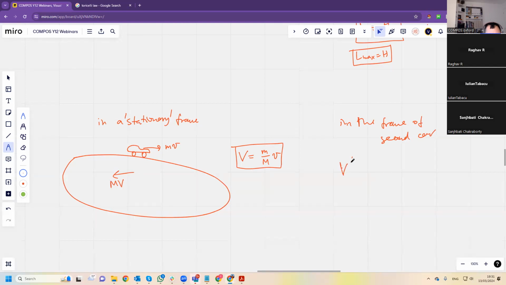So the final velocity of the planet is the velocity of the second car minus m over M v. That's how you get the formula: 1 minus m over M, times v. So the velocity was v, and now it is decreased by that amount. Does that make sense?